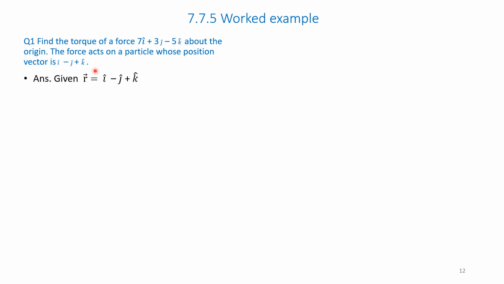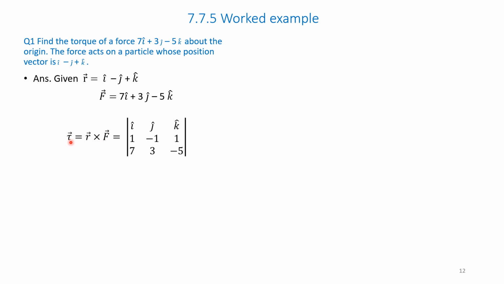Let us solve it. Given vector r is equal to i minus j plus k and vector F is equal to 7i plus 3j minus 5k. i, j and k are the unit vectors along x, y and z axis respectively.